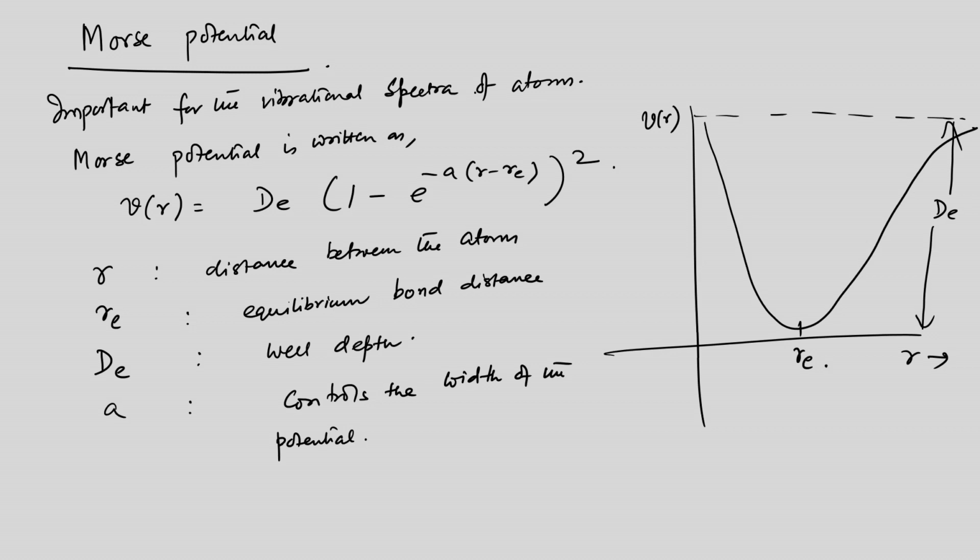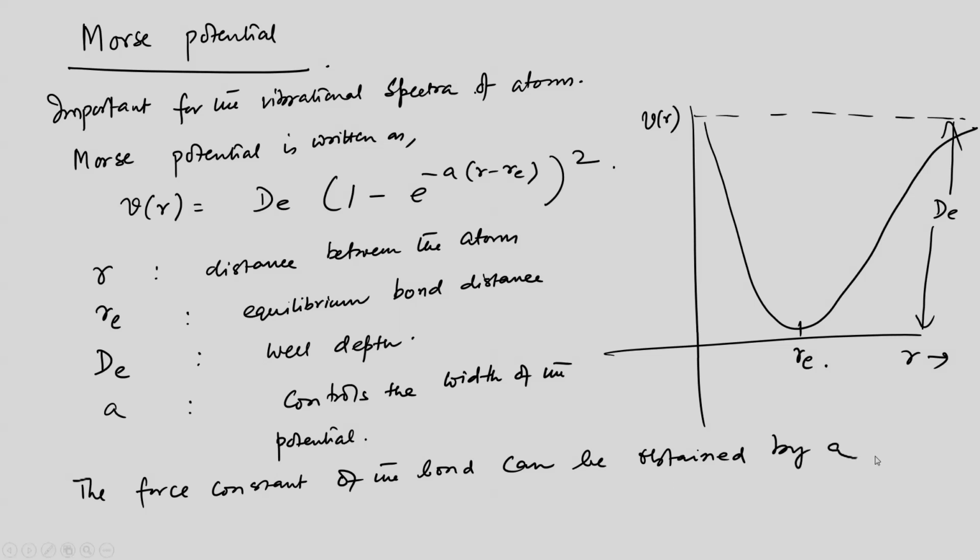So, this is R e, and also one can get a force constant, which is the elastic modulus of the atoms, can be obtained by a Taylor expansion about r equal to r e.